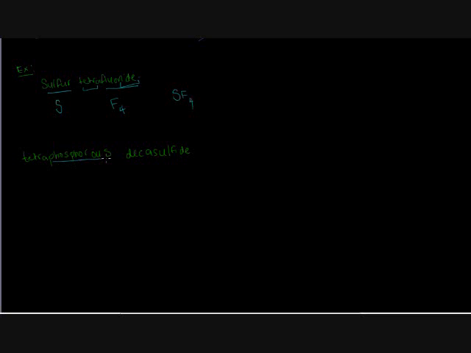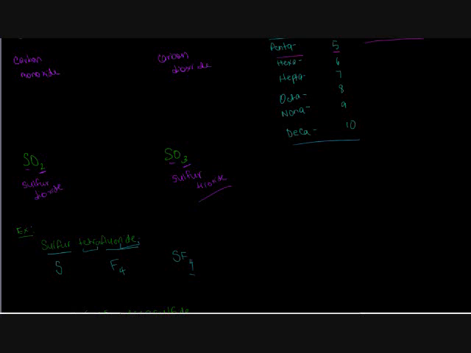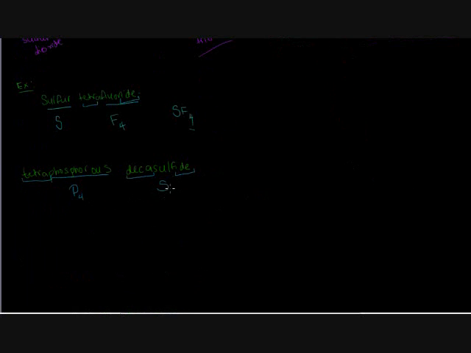So our first element right here is phosphorus, which is P, and our ide element, which is our second element, is sulfide, which is S, right? So now we're going to go back and see if we have any prefixes. For the phosphorus, I have a tetra, and I can just remember that tetra means 4, so we have 4 phosphoruses. And over here we have deca, which is, according to this list, deca is 10. We have 10. So we have P4S10, which is tetraphosphorus decasulfide.